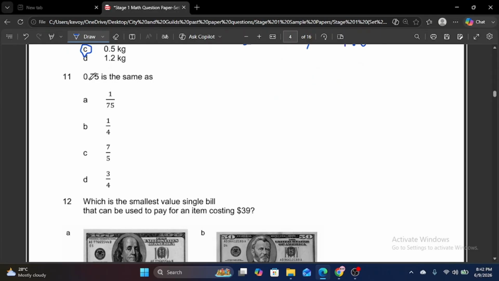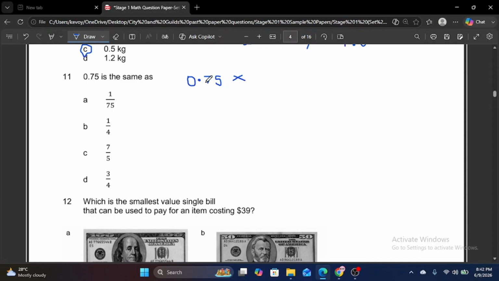Alright, so 0.75 is the same as. So I did a video on converting decimals into fractions. If you want, you can check that out. So that's gonna be 0.75. So how we convert decimals into fractions? We multiply the decimal number by a base 10 number.